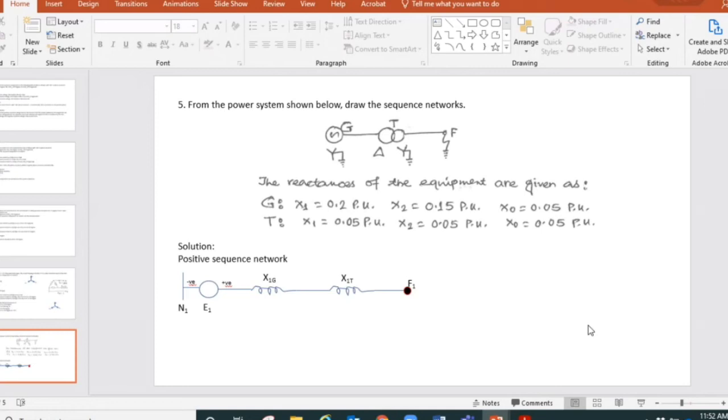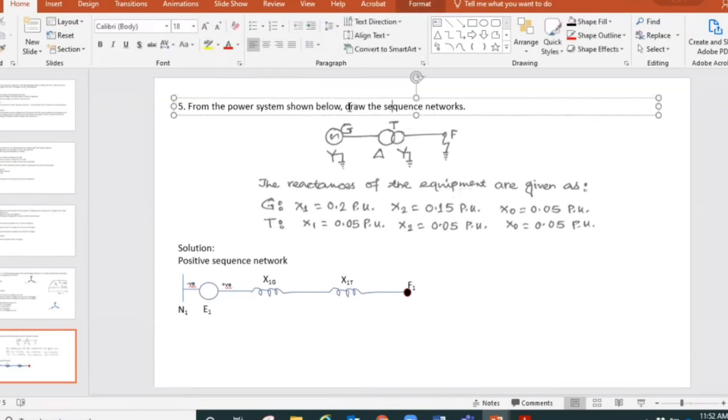Then we show X1 of the generator G. Make sure that we put that G there, because this is the simplest one again to start. We'll have 2 or 3 generators in the following examples of the tutorial. And then we show the transformer reactance. Again, only the positive sequence reactance comes in, and then we show the fault point.